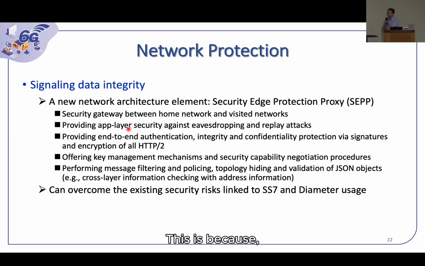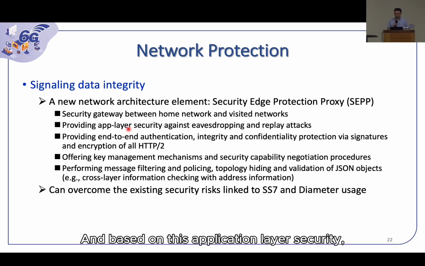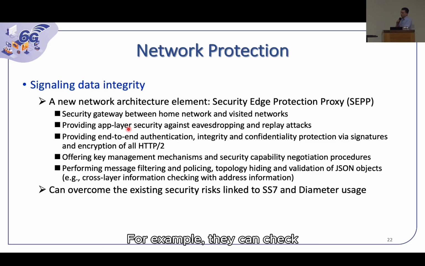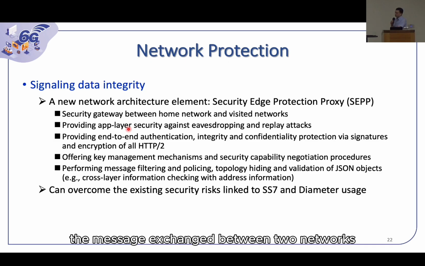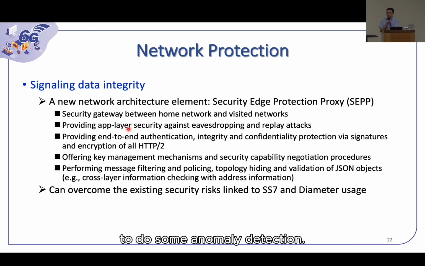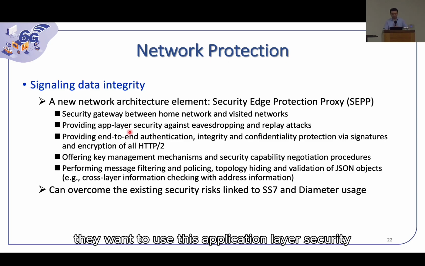This is because there will be some network provider sitting between two networks. And based on this application layer security, this network vendor can provide some add-on services. For example, they can check the message exchange between two networks to do some anomaly detection. Okay, so this is why they want to use this application layer security, because it can provide some flexibility to let the network vendor sit between two networks to do some, especially for the security check.